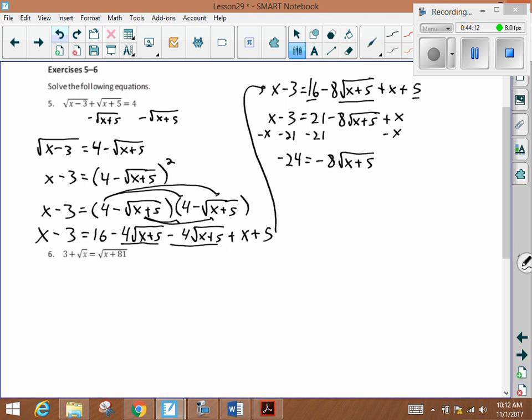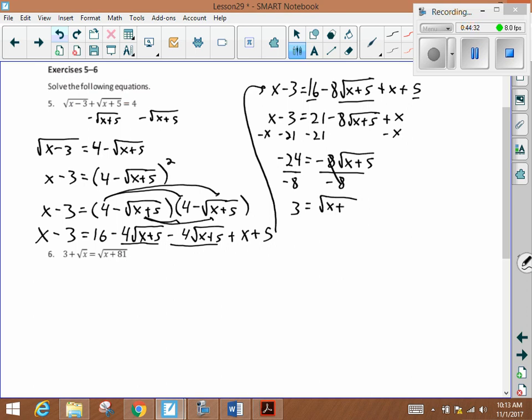It's getting better. Now I'm going to divide both sides by negative 8. Those cancel. And then I'll have 3, right? Because negative 24 divided by negative 8 is positive 3 equals root x plus 5.